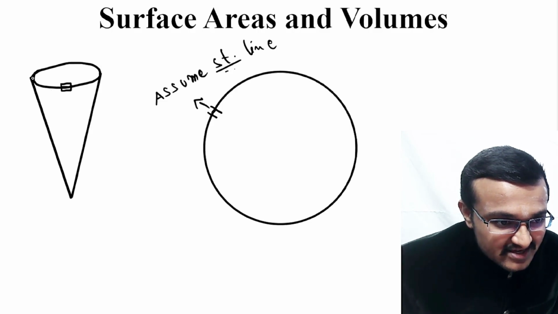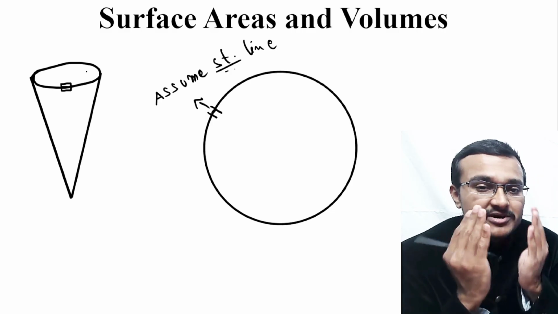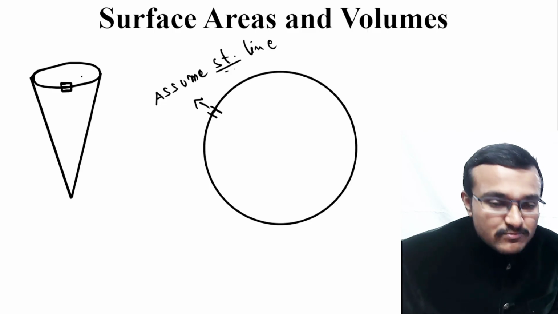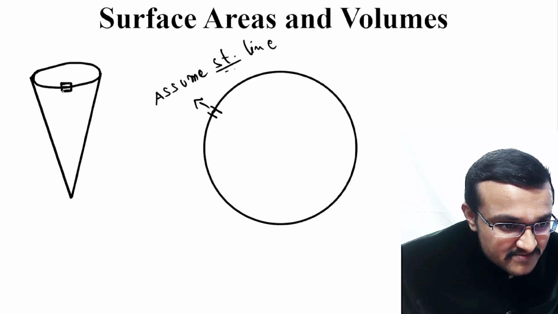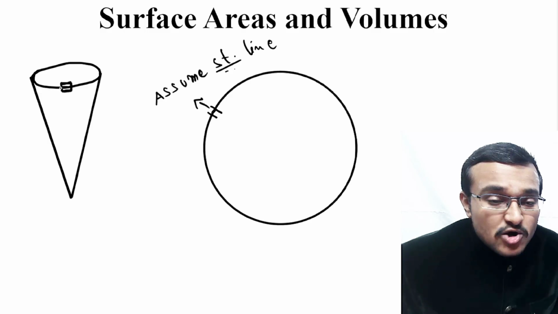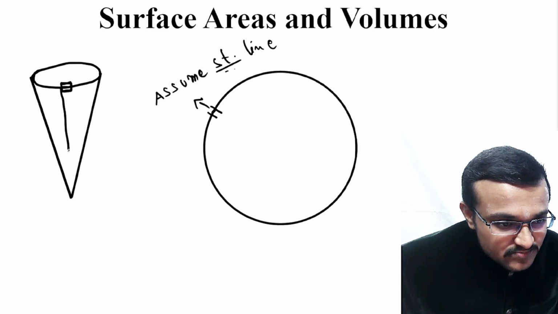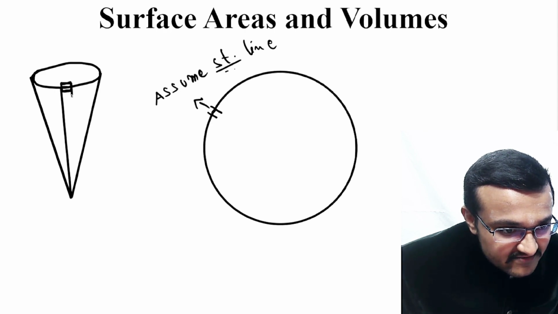Similarly here, when you bend a right angle triangle to form a right circular cone, on top of the cone there is a circular shape getting formed. I'm considering the smallest part of it, which is almost a straight line. From one end of this smallest portion, I'll connect it to the base of the cone, and from the other end I'll connect one more straight line like this.